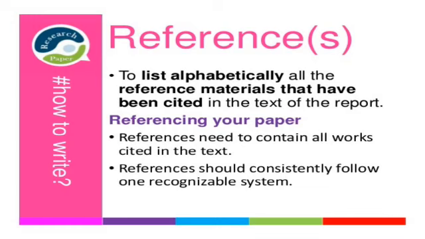And then the references come in. By referencing your paper, you must contain all the works cited in the text, and these citations have proper references which are written at the end of the research report, in the reference chapter. And these reference materials are usually written alphabetically.